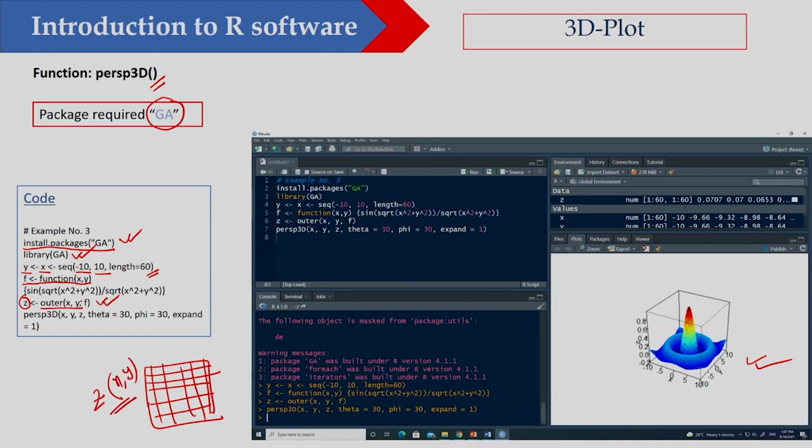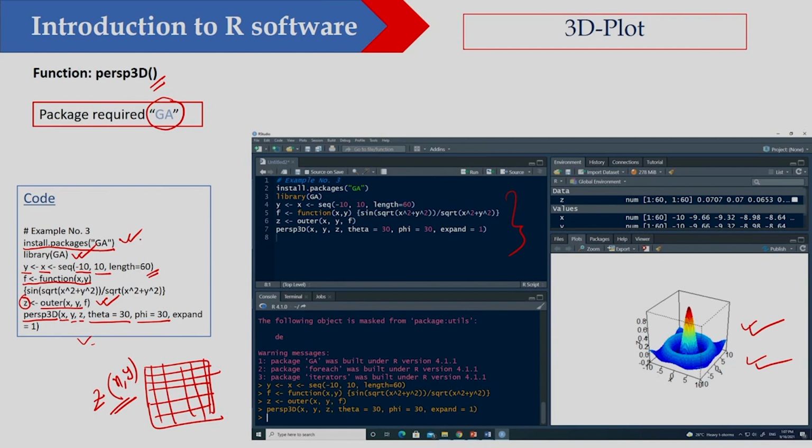I am using the outer function, and then PERSP3D. The syntax of this function is x, y, z, and then you give the angle at which you would like to see it. If I execute this function, I will get this particular plot.